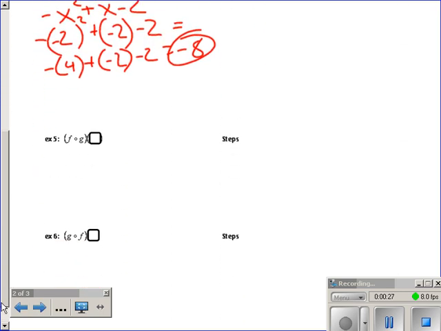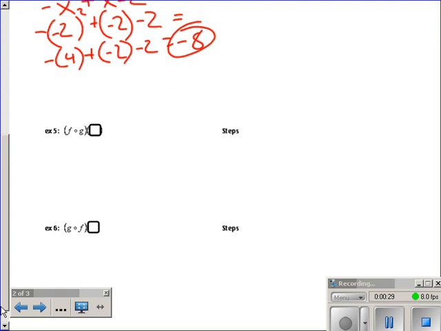So for example 5, it says f of g. Then what we're going to do is go right to evaluating. If they want to know what -3 is, the first thing we're going to do is plug -3 into whatever the function for g was.